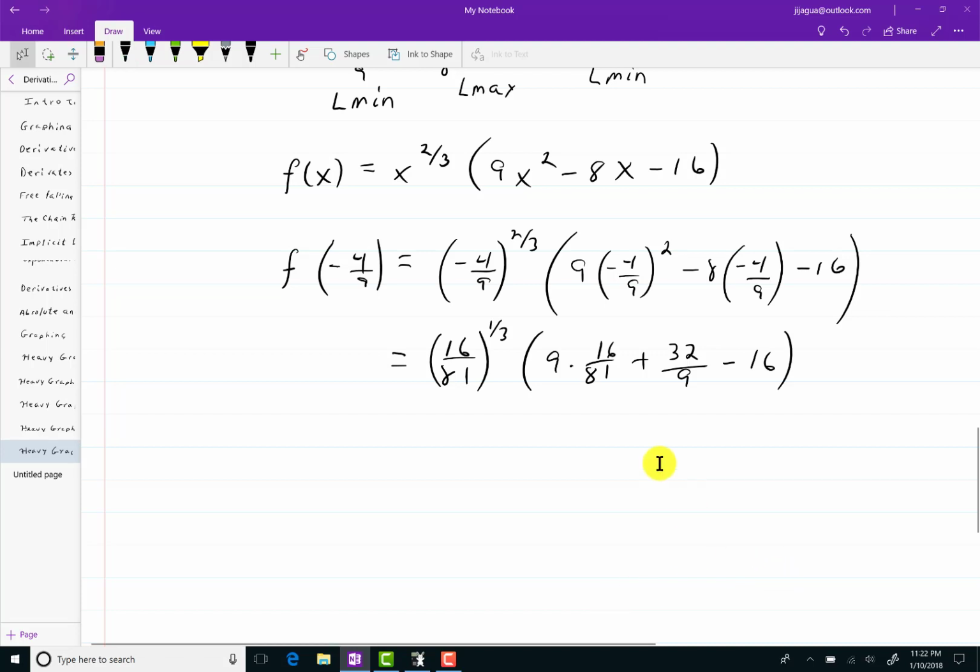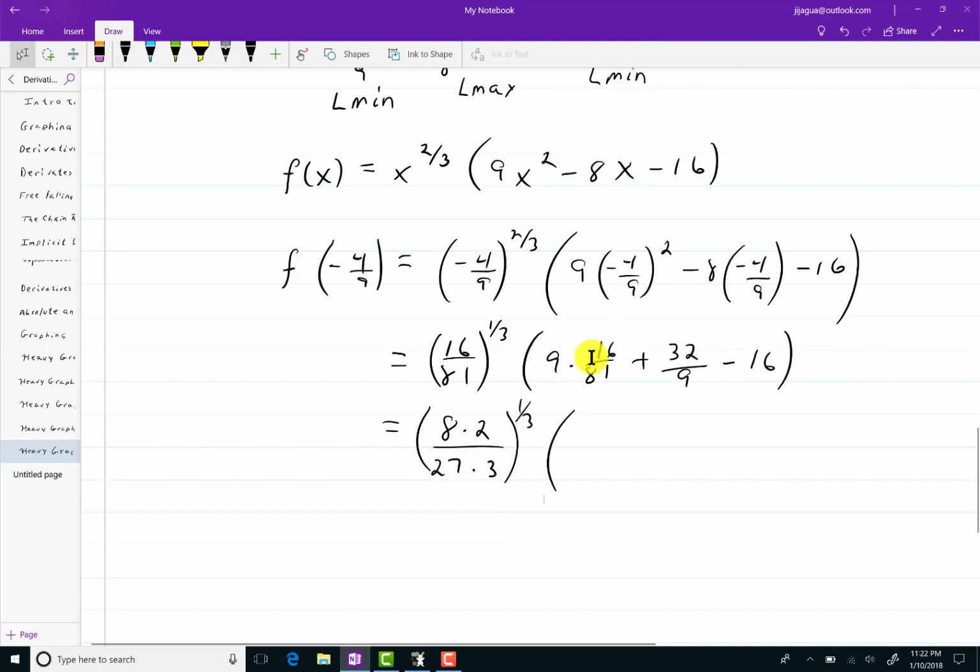Now what I think I'll do next is break this piece up into a part that you can take a cube root of and a part that you can't. So I'm going to write this as 8 times 2 divided by 27 times 3, and that's to the 1/3 power.